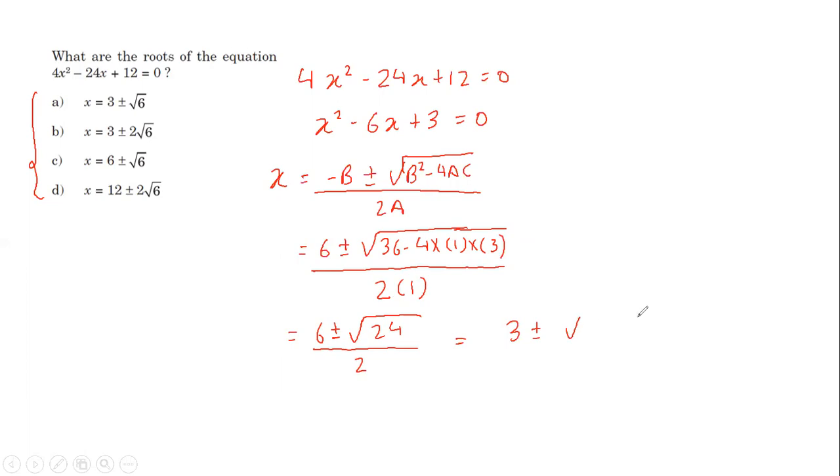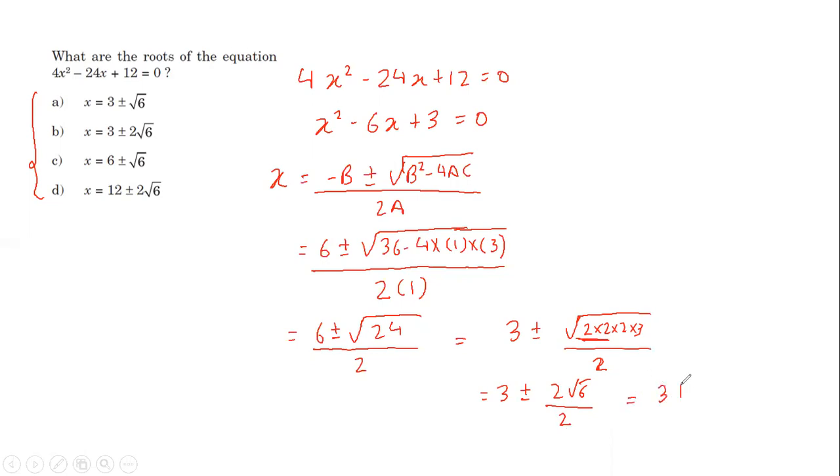So I can divide this by 2, so it will be 3 plus minus, I'll solve this root. Root 24 can be written as 8 into 3, that's 2 times 2 times 2 times 3. I make a pair of 2s, so it will come outside the root. So eventually it will be 3 plus minus 2 root 6 over 2.